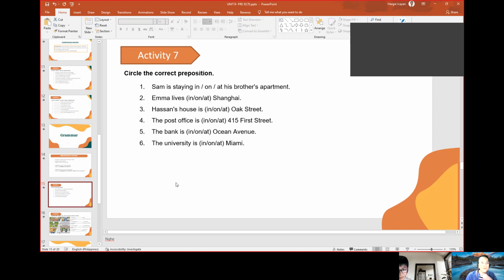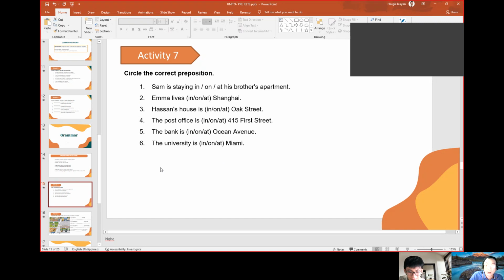Number two. Emma lives in Shanghai, because it's an uncertain place like a city. Okay, next, number three. Parson's house is on Old Street.